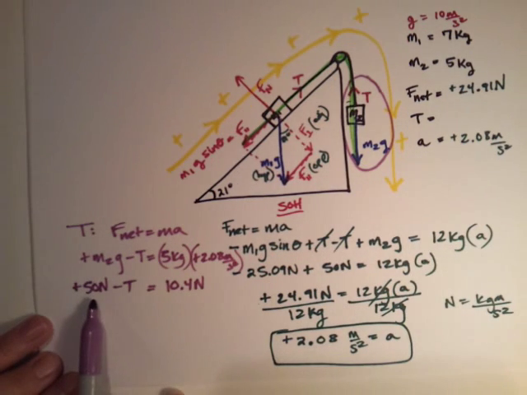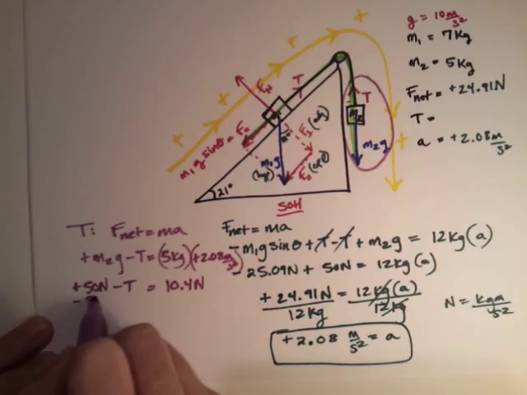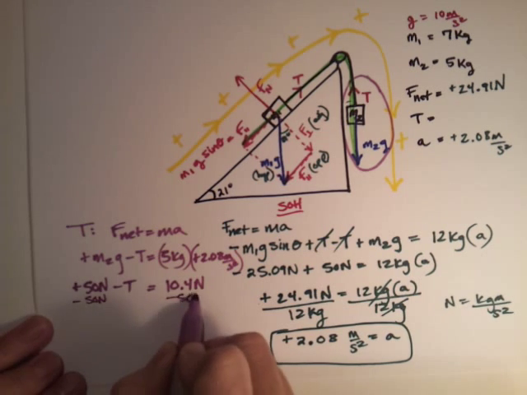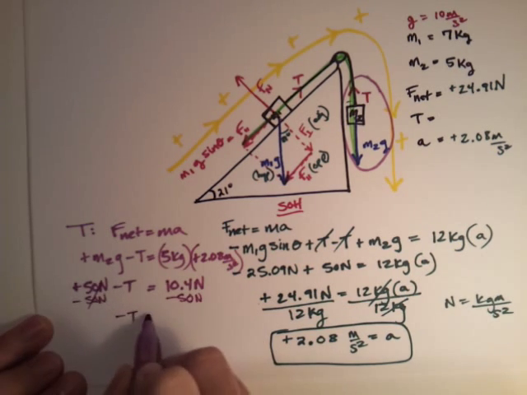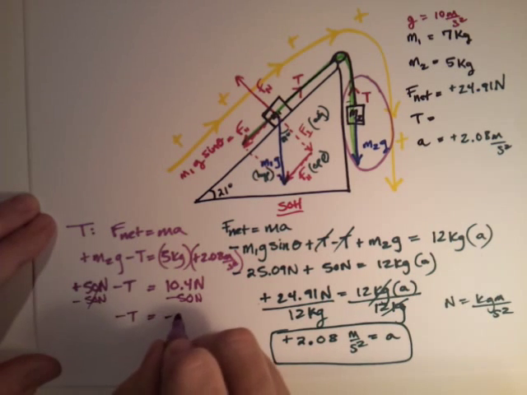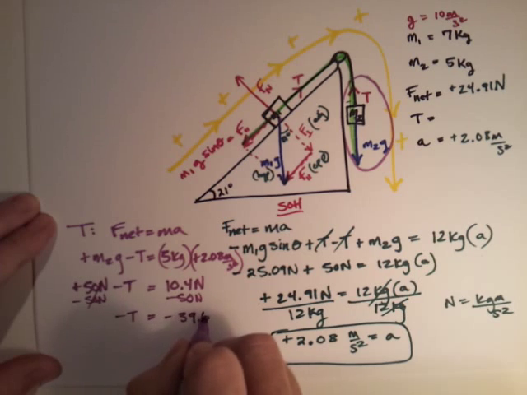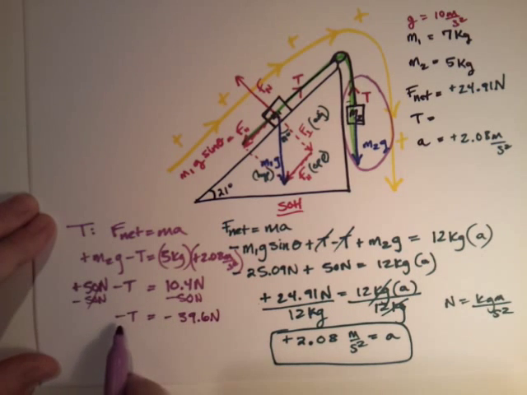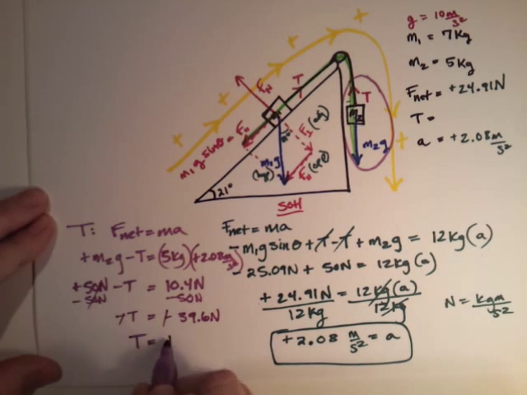That's how I got this number. Okay. Minus 50, minus 50. So I have negative T equals negative 39.6 newtons. But remember, tension is never negative, so it's going to be positive 39.6 newtons.